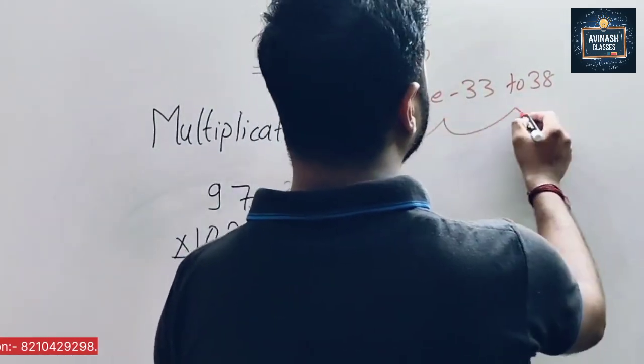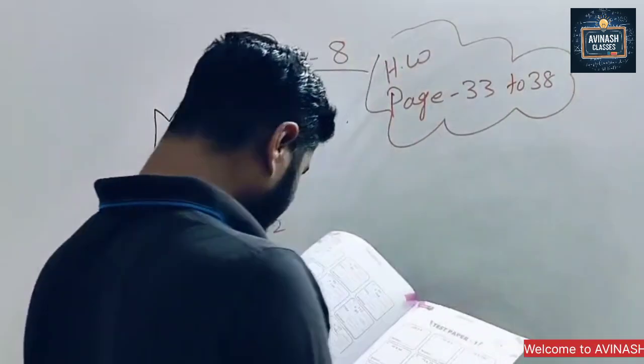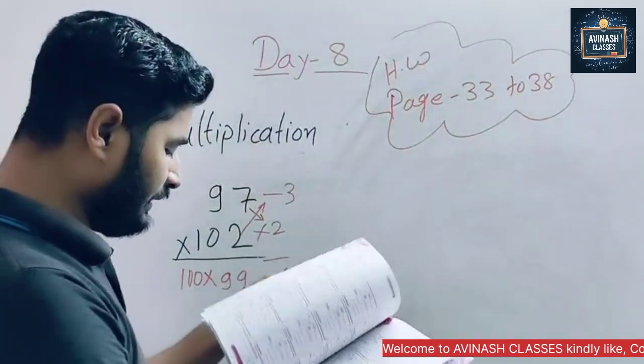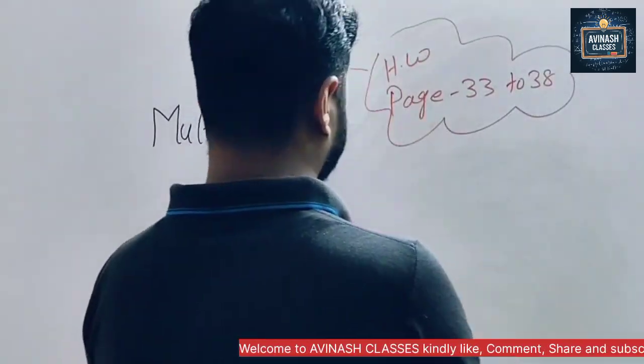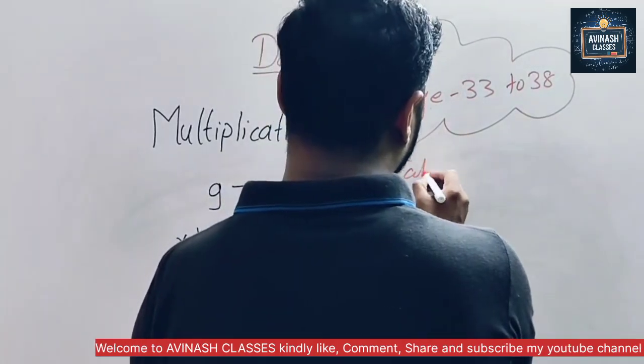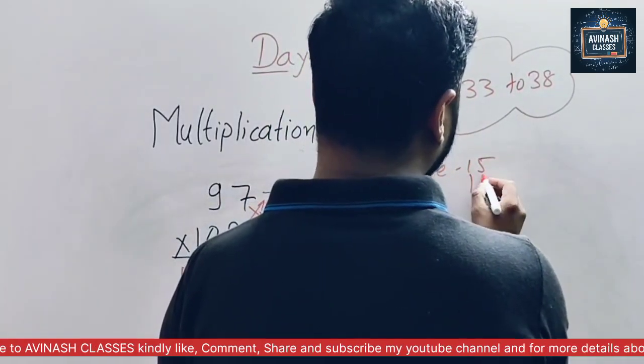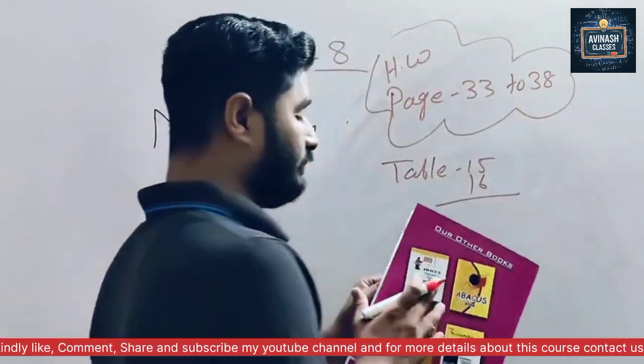Okay, so this is your homework. Today we have to complete this one. And we have to complete table 15 and 16. Okay, which tables? Table 15 and 16 we have to complete.